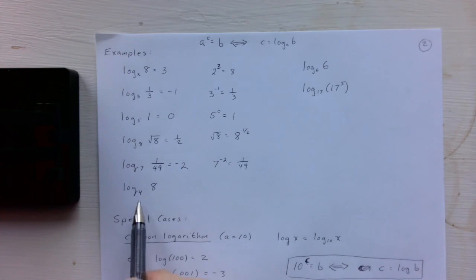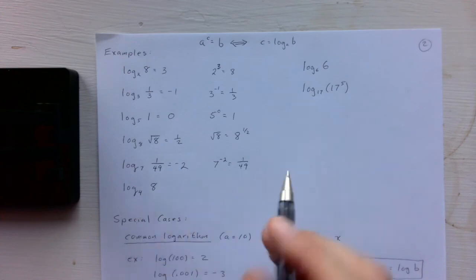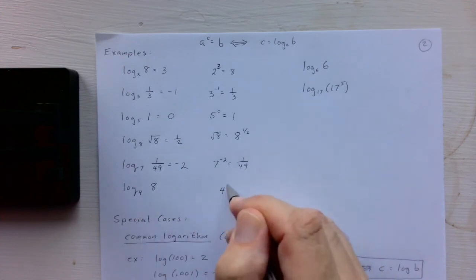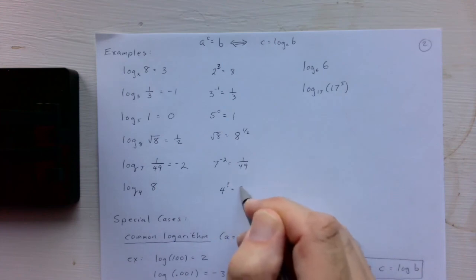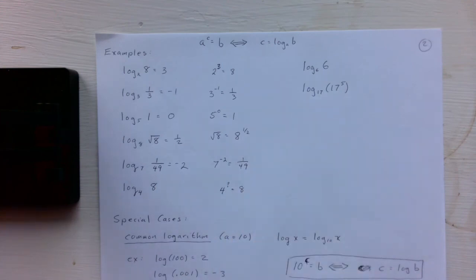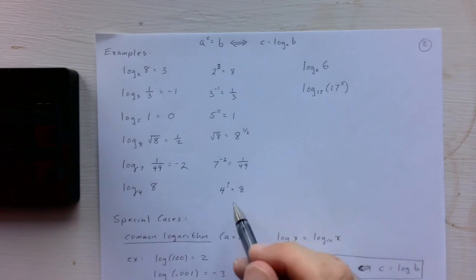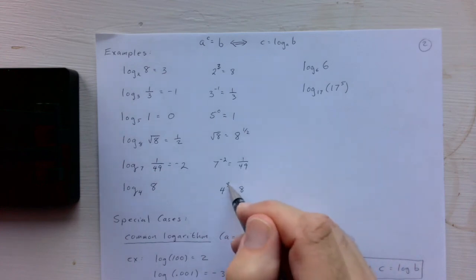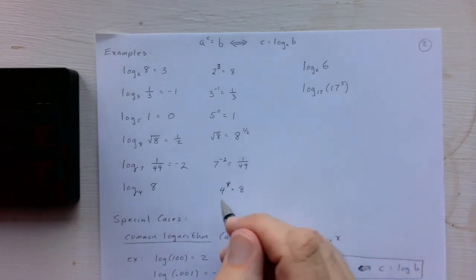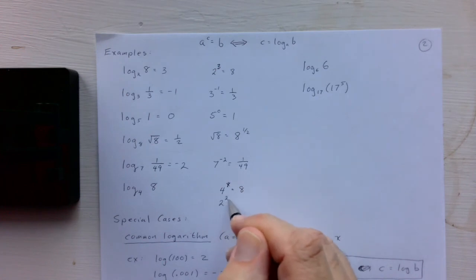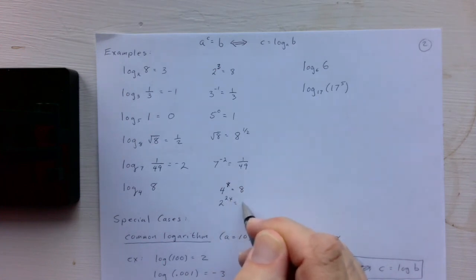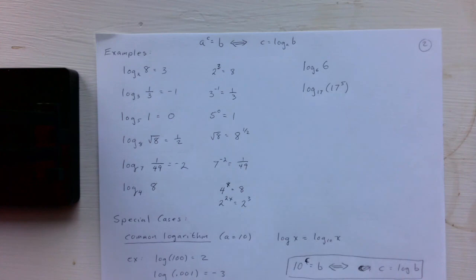You have to think about this one. 4 raised to what power is equal to 8? Well, we can solve this as 4 to the x equals 8. This is the same thing as 2 to the 2x equals 2 to the third power.